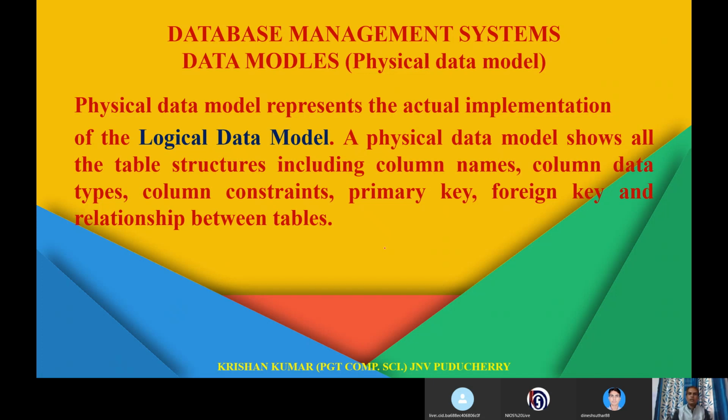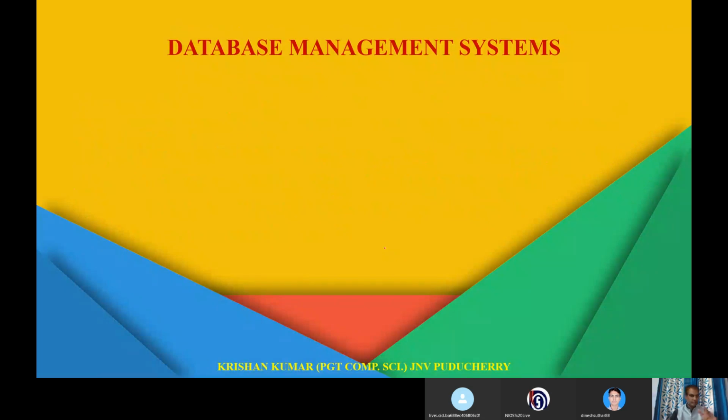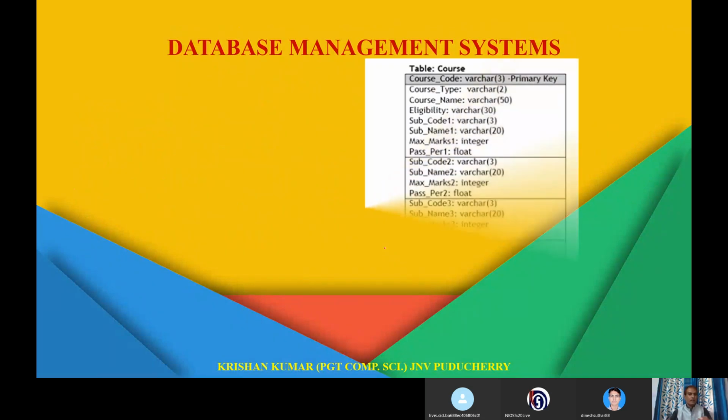The physical data model represents the actual implementation of the logical data model. How is it the actual implementation? You can see it will display all the constraints, all the column names, column data types, primary key, foreign key, and relationships between all the tables. See this diagram.